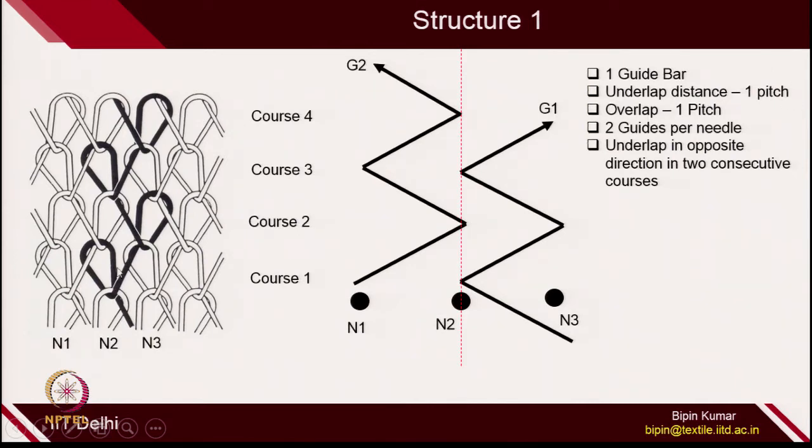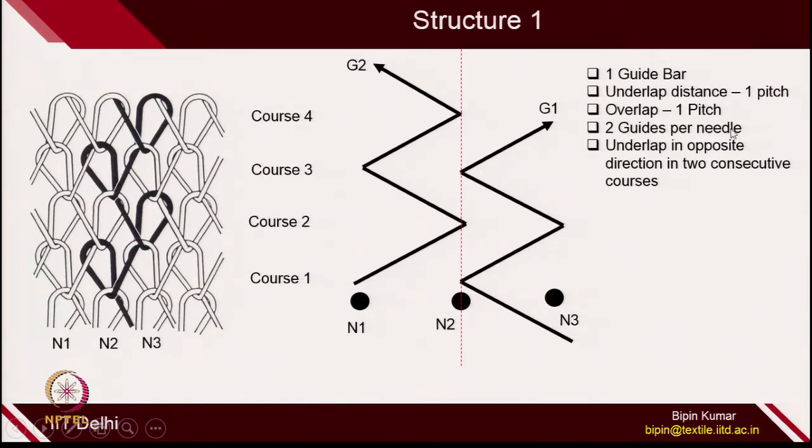Overlap, as I already mentioned, is always on the front side of the needle. So, that will always be one pitch. One other thing is that for each needle you can see two guides are required, two guides per needle. For this needle N2, guide G1 and guide G2 provide yarn in alternating courses.